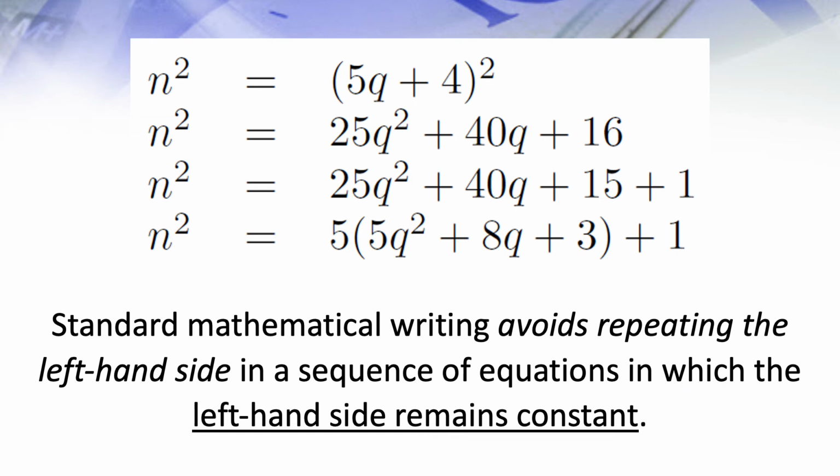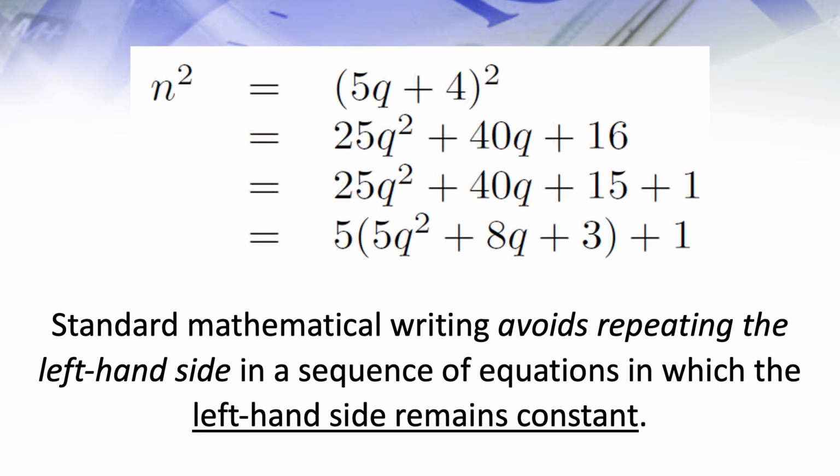Okay, tulad nito. So, the standard mathematical writing avoids repeating the left-hand side in the sequence of equation in which the left-hand side remains constant. So, instead of writing it na n squared, n squared, n squared dito sa left side, ang ginagawa na lang natin, it's a convention in mathematics, itong format.